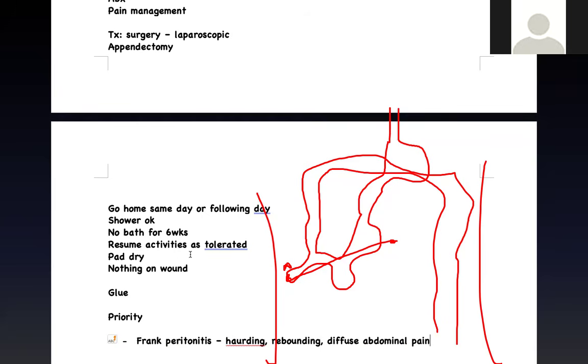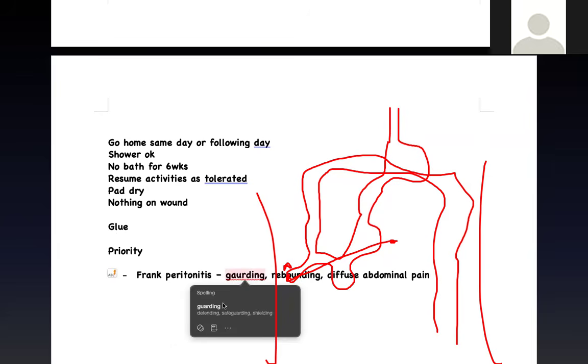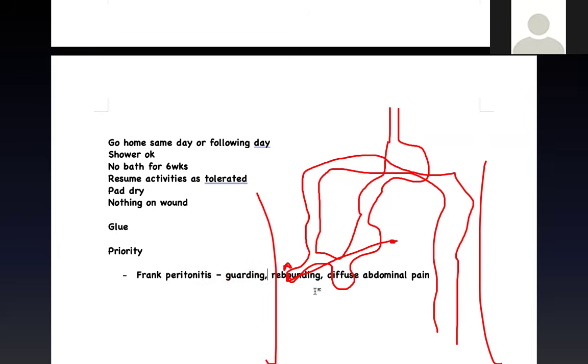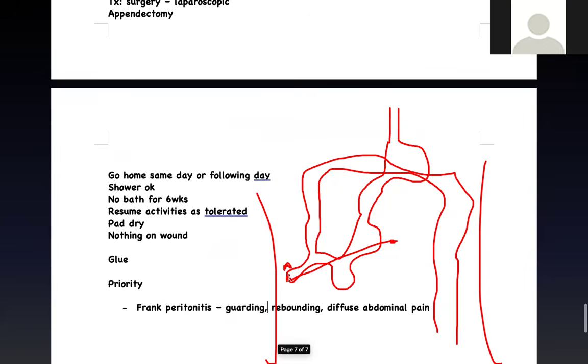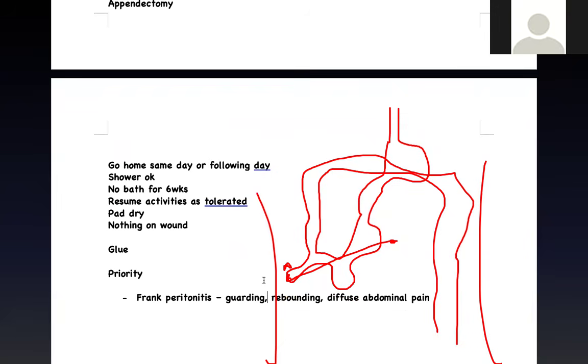That's peritonitis, right? That's a red flag moment. They're showing you that they're not doing well. Guarding, rebound tenderness, diffuse abdominal pain. Yeah. 10 out of 10 pain is not enough. You have to show me signs and symptoms of peritonitis.